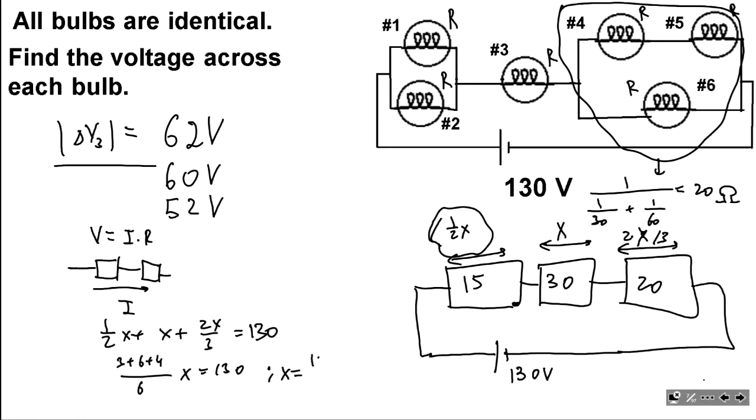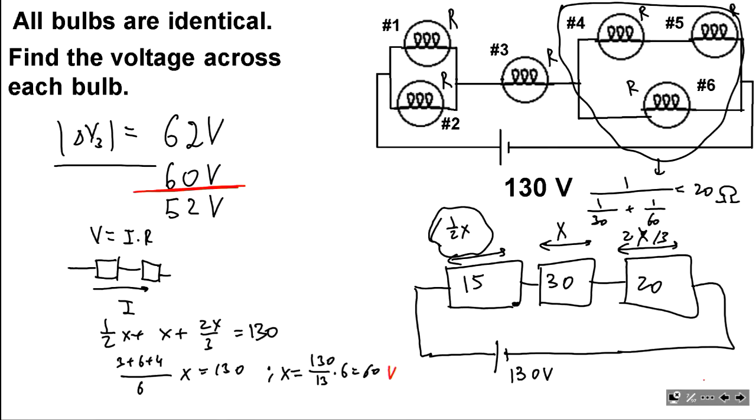X equals 130 over 13 times 6, 60. So you should check your math. I'm not sure what went wrong, but the answer is supposed to be 60 for this bulb. And of course, automatically we get 30 volts and 40 volts.